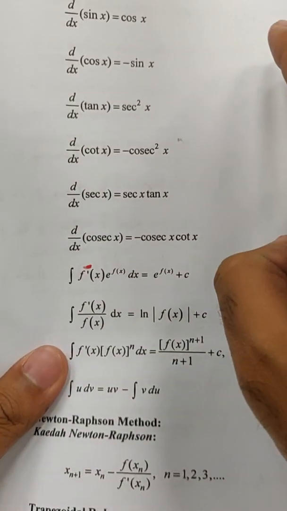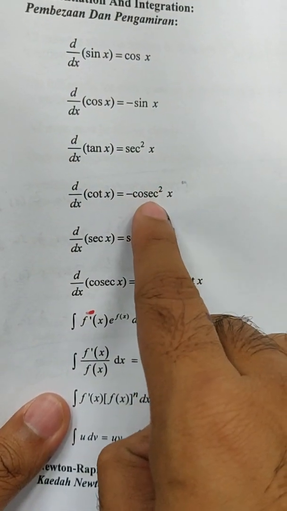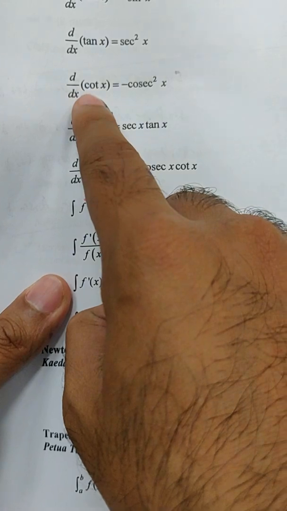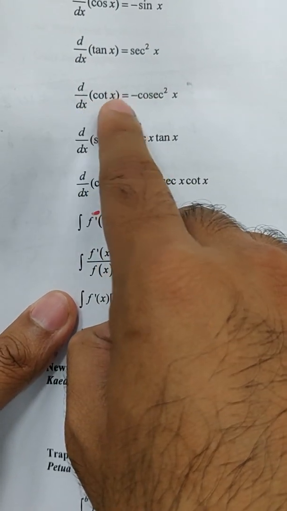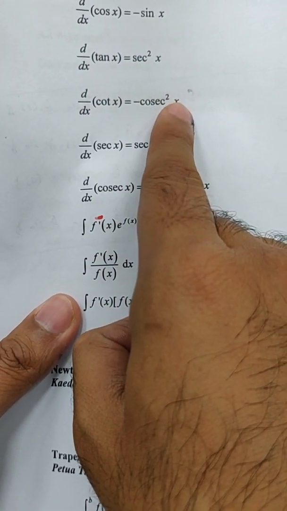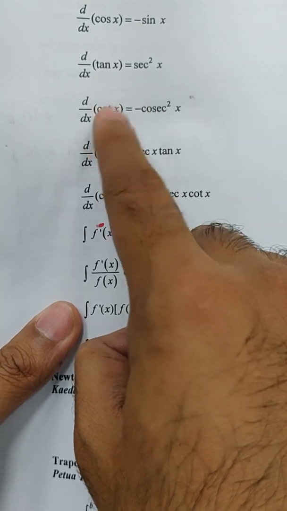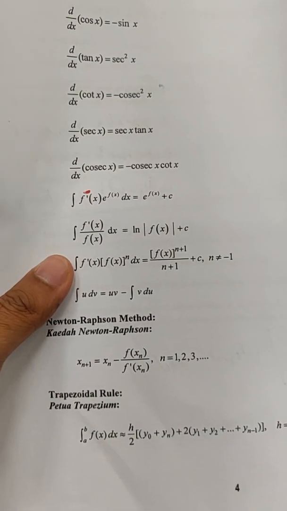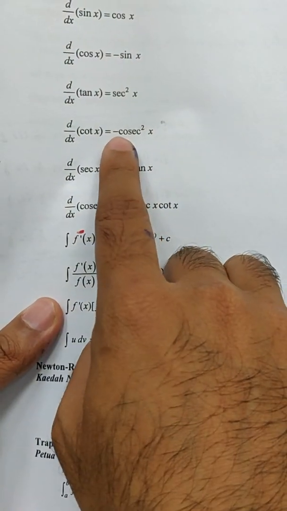Do we have anything that we differentiate to get cosec squared? Oh yeah. So you got cot. You differentiate cot x and you get cosec x squared. Okay, so we use this one straight away. Remember there's a negative here.